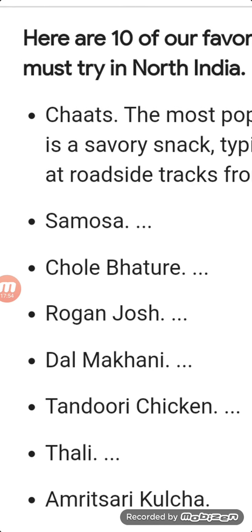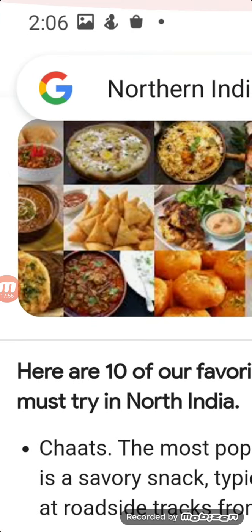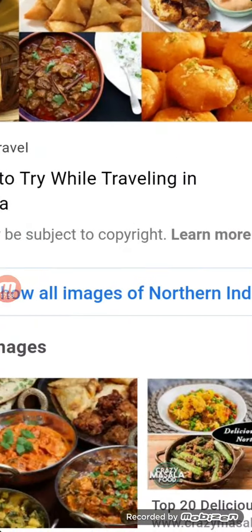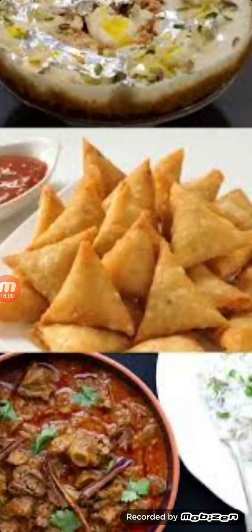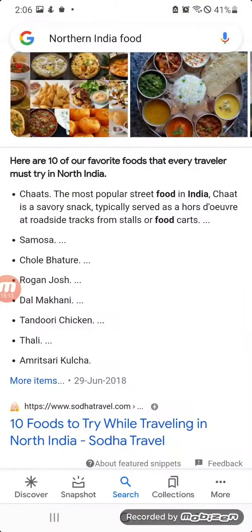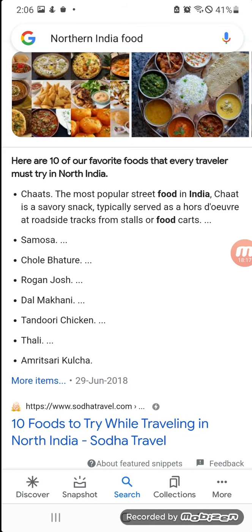So chaats has a different side, but samosa, let me show you samosa. Samosa is a triangular thing which is not baked, but fried. It's triangular in shape, and inside it has smashed potato with some masala in it.